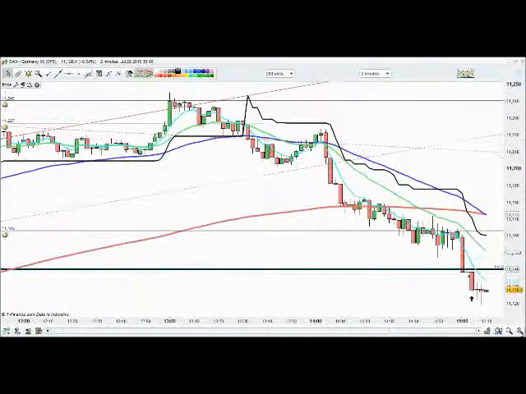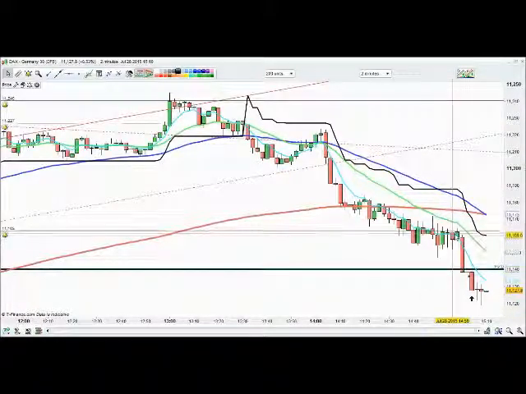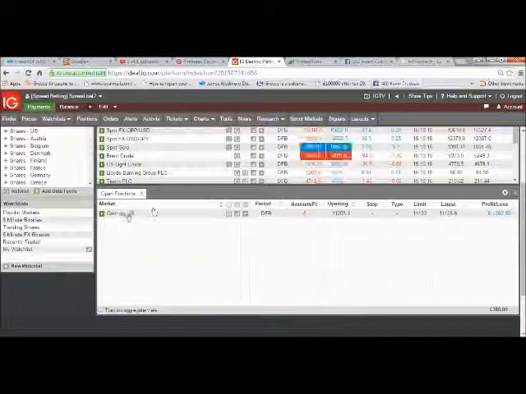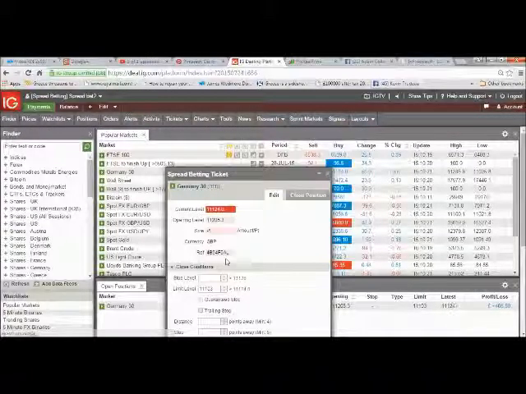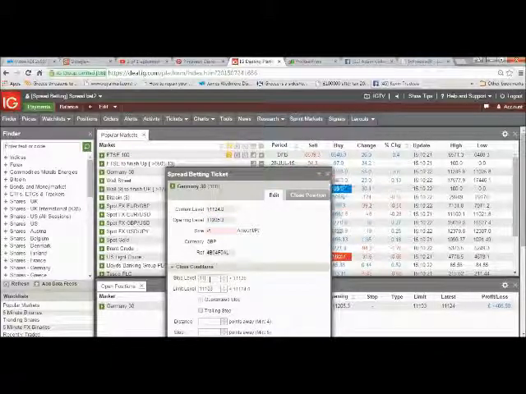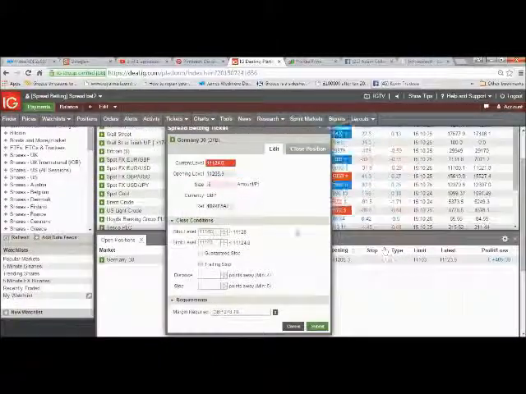So my stop will be just here, so 11,160. So let's just open that up again, edit, and 11,160. So what that does is it protects my trade.